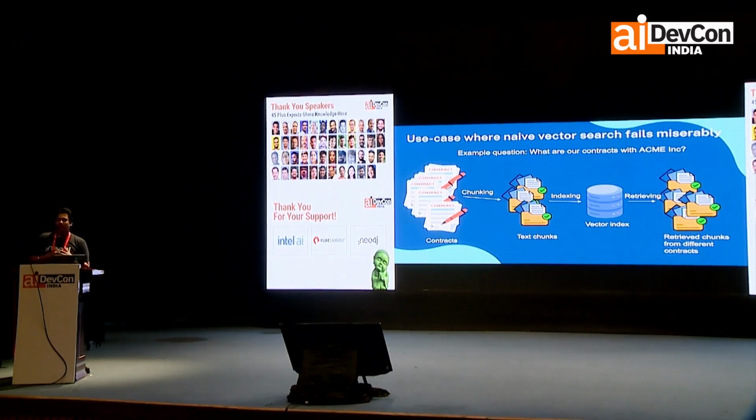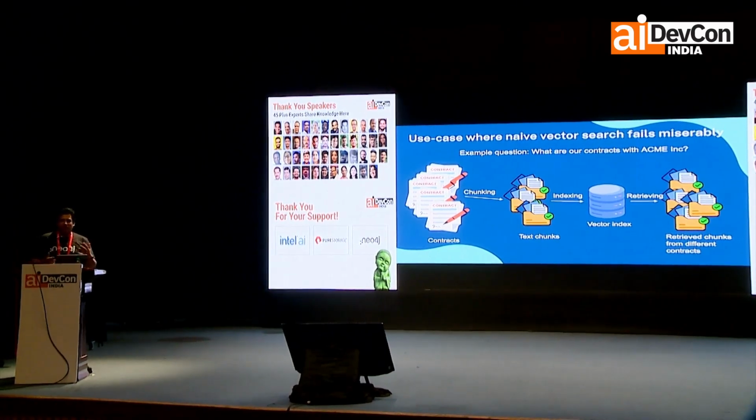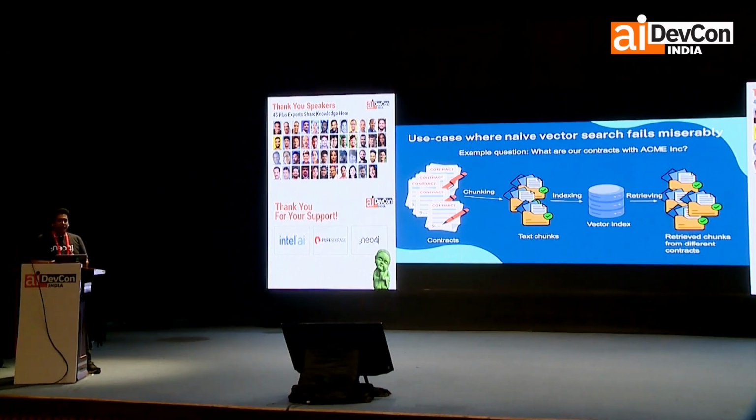So for example, let's say I have a database of 1,000 contracts with multiple organizations that I have signed and worked with, and there could be a contract where a couple of organizations come together and work on it. So imagine I have a database of these 1,000 contracts and I want to make a chatbot. I want to search across these 1,000 contracts. And I'm asking, what are our contracts with Acme Corporation? Now, Acme Corporation could be referenced in maybe 100 documents.